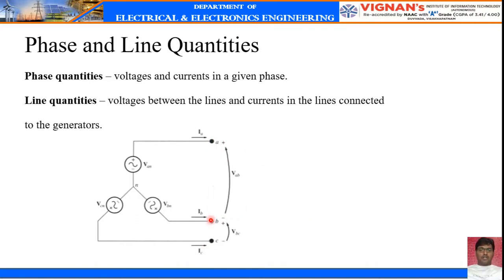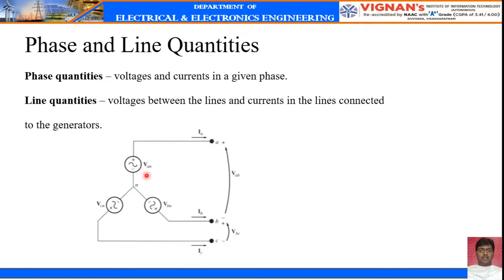These points indicate lines and these are the phases. In a star connection it is very clear that whatever current is coming out of phase A, the same current is going to the load through the line. So the line current will be the same as the phase current in a star connection.